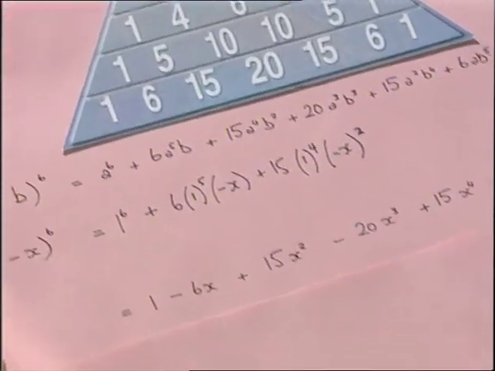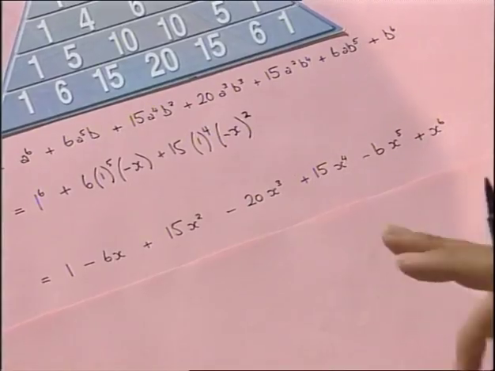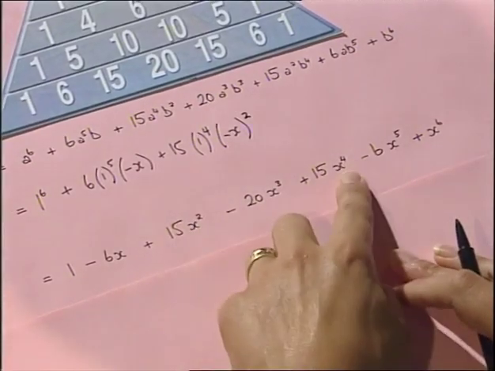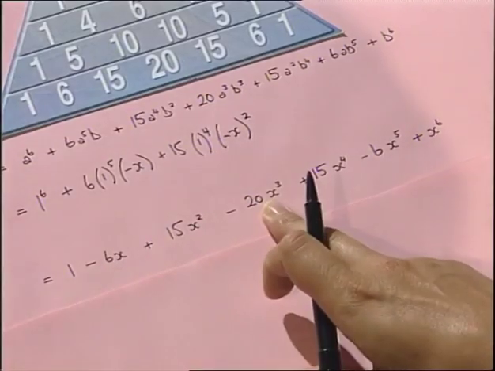Now, in the end, you get this. And you'll notice that the even powers of x have a plus in front of them. That, and that, and that. And the odd powers have a minus in front of them. OK, that's the first problem done.